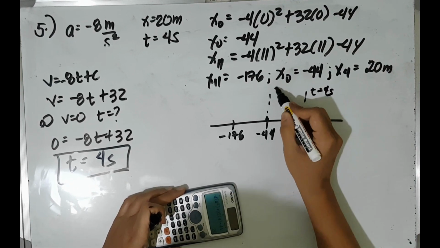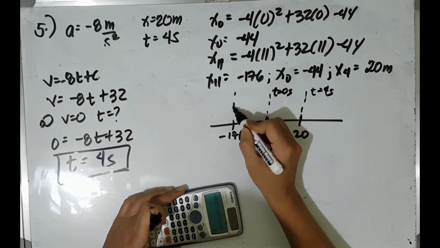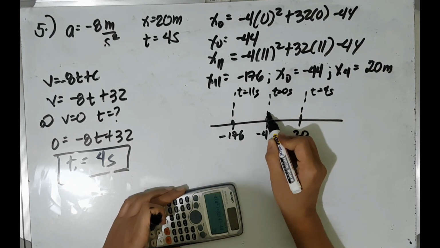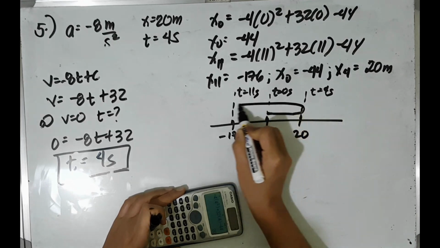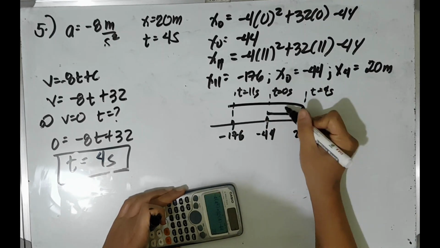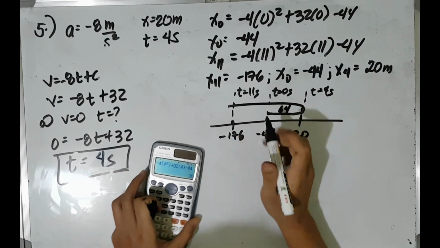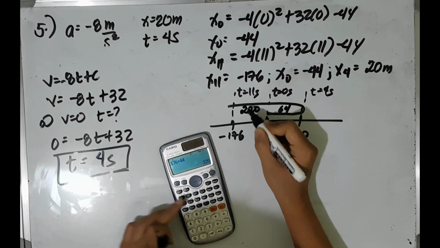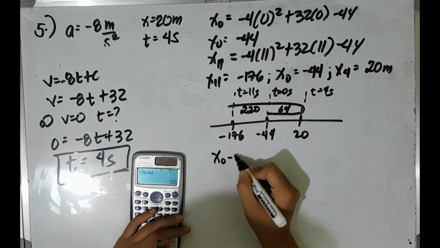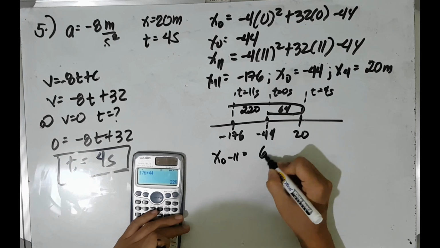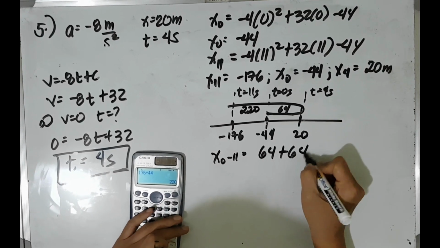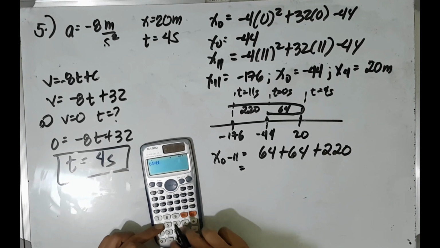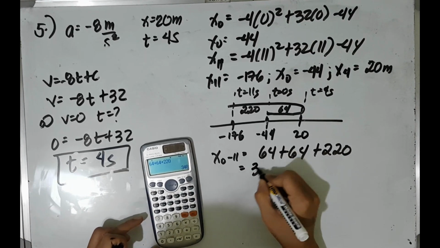Then i-plot natin siya just as what we did earlier. So since at the time is equal to 4 seconds, the velocity is equal to 0, dun left turn yung particle. Therefore, the total distance traveled would be equal to 348 meters.